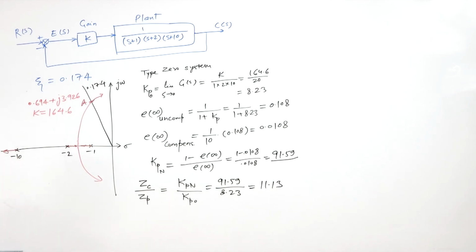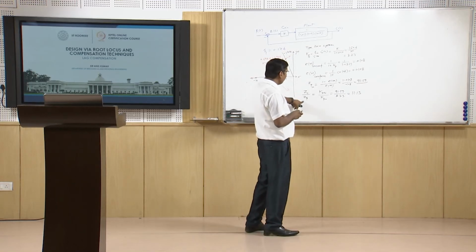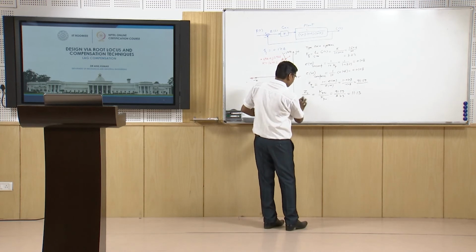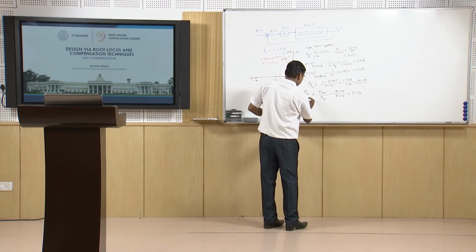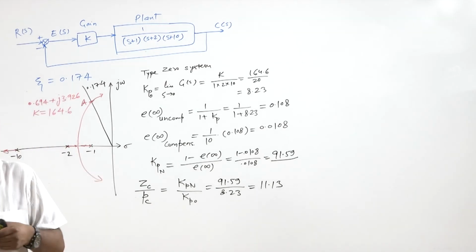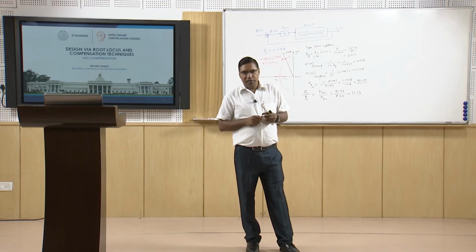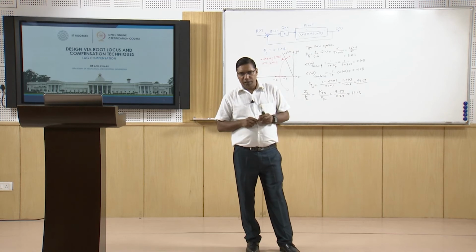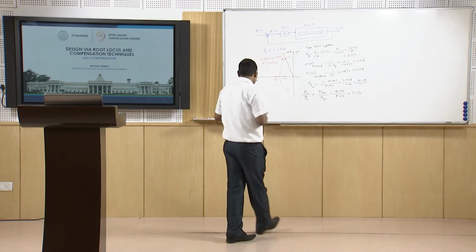Here we can select some value of Pc. Because this is a design process, we can take some value of Pc that is close to the origin.